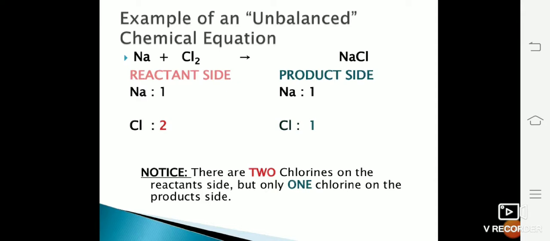In front of the name of each element, we also write the number of atoms of that particular element on the reactant side as well as the product side. You can clearly see in this example, we have one sodium atom on the reactant side and one on the product side, whereas we have two atoms of chlorine on the reactant side and one atom of chlorine on the product side.